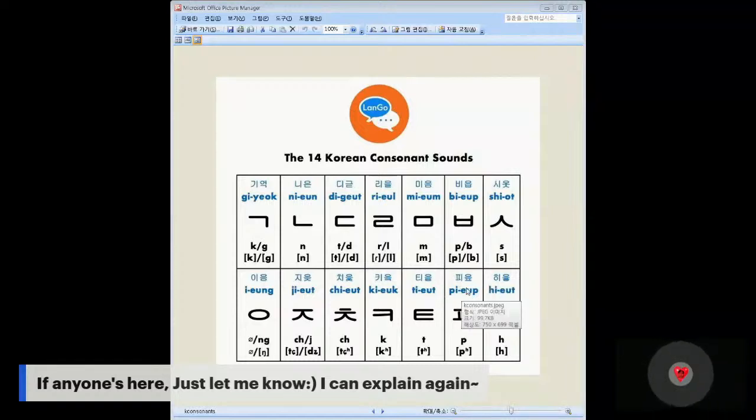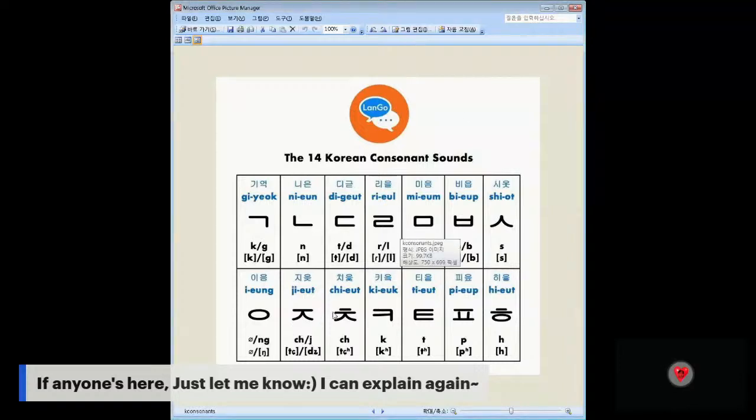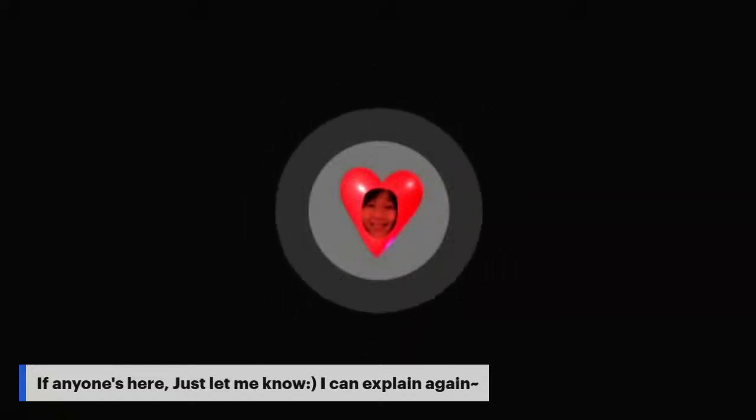Some people write this consonant like this. So actually, this one is not that common. Maybe I can share a drawing board.